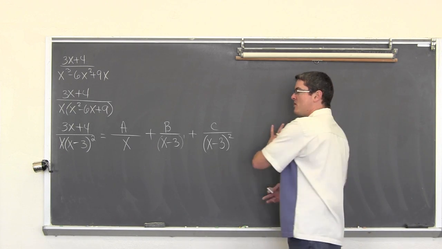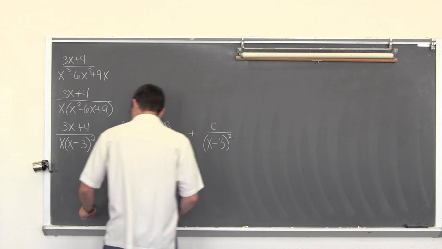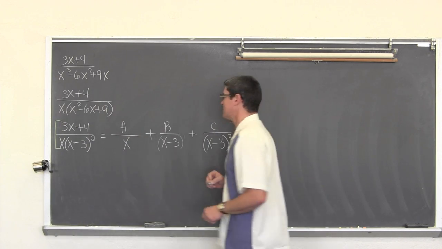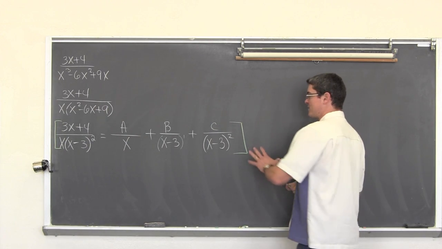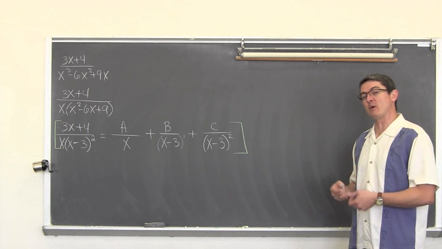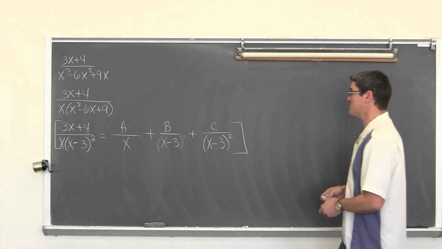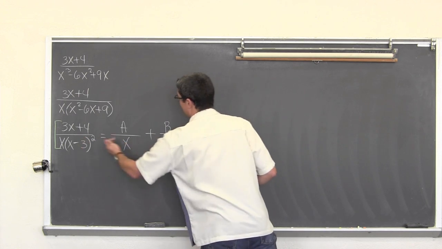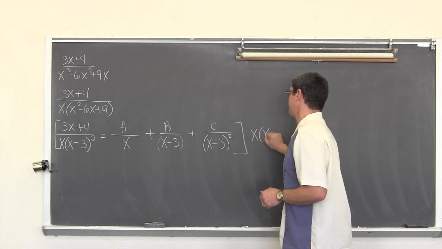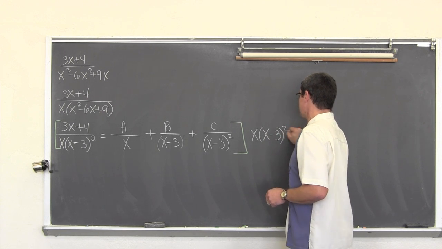We're going to now multiply this equation by the lowest common multiple, or if you want to call it the lowest common denominator, as if we're going to attempt to add up all these fractions, but we're actually trying to just simply get rid of the fractions. So we're going to multiply by something that cancels out all these denominators, which means we're going to multiply by x times x minus 3 squared.